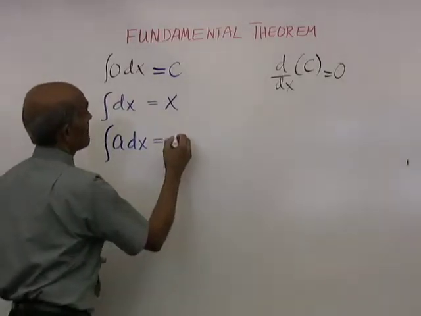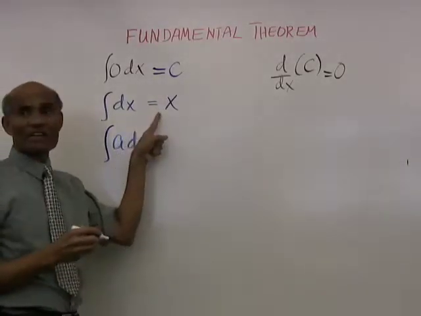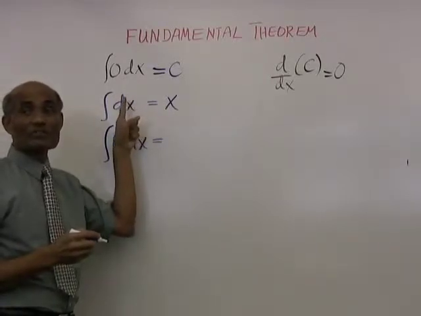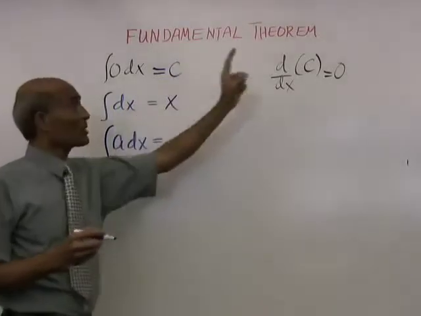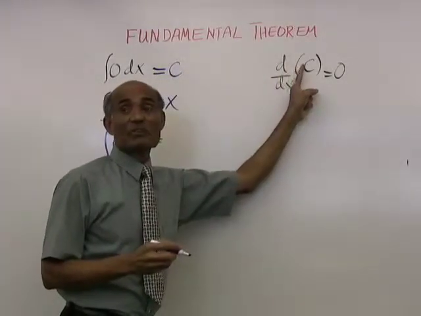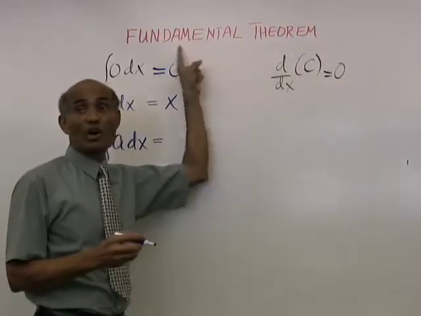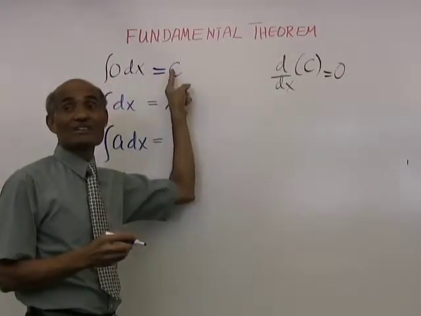Well, we forgot one thing here. Can you remind me what it is that we forgot? If you integrate dx, because the derivative of a constant is 0, we know that the integral of 0 is a constant.